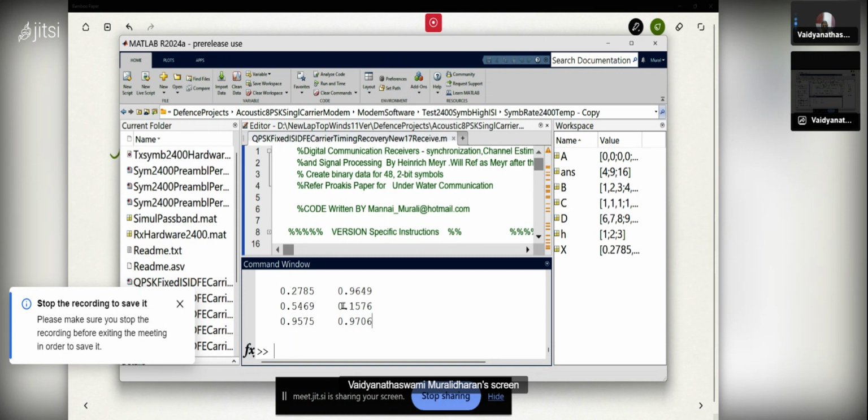I will give an assignment. Try rand for a 5 by 4 matrix.